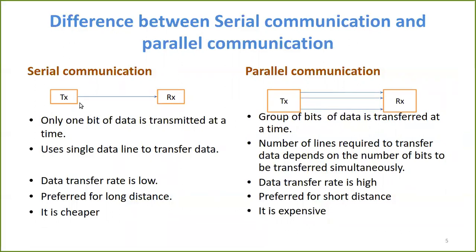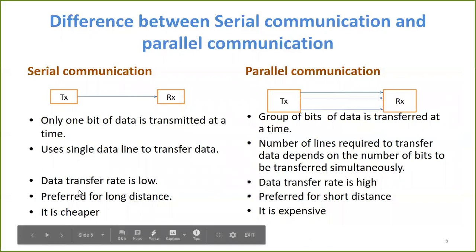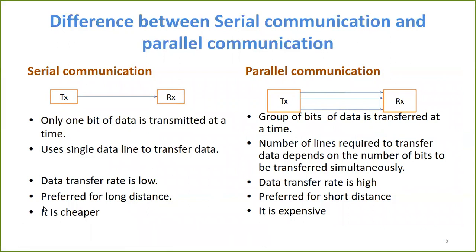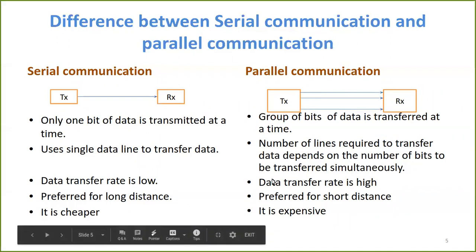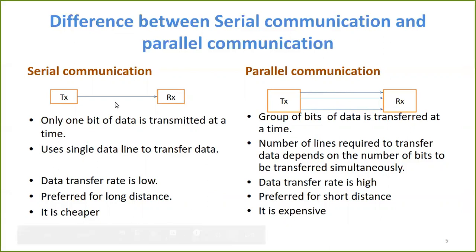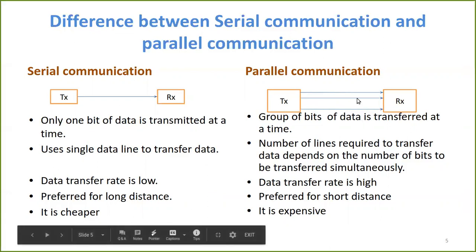Because it is single data transmission, the data transfer rate is low in serial, and in parallel the data transfer rate is high. Serial transmission is preferred for long distance because using many wires becomes very complicated, whereas parallel communication is preferred only for short distance. Coming to cost, serial communication is cheaper because you have only a single data line, whereas parallel becomes expensive.